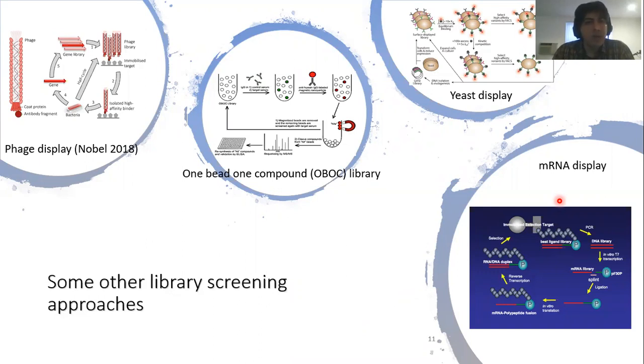But you have this phage display library, which was awarded the Nobel Prize in 2018. You also have this one bead, one compound library, which our lab works on. We use this process to find different peptide molecules which bind with the target protein with very high affinity.